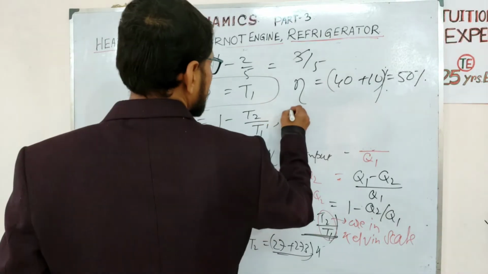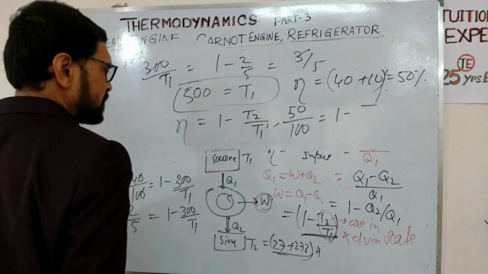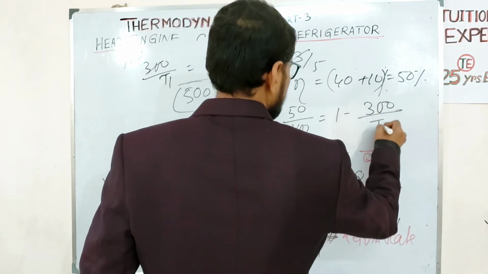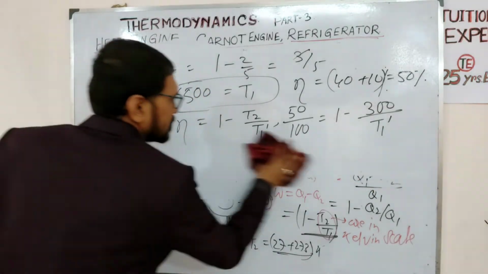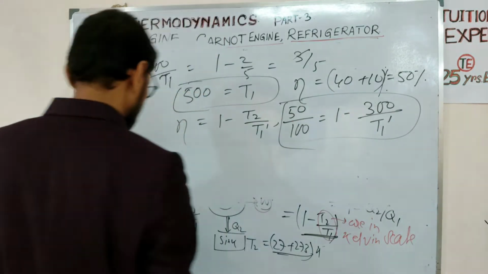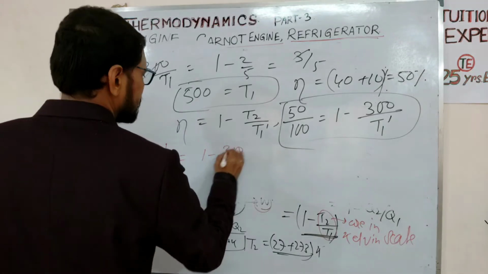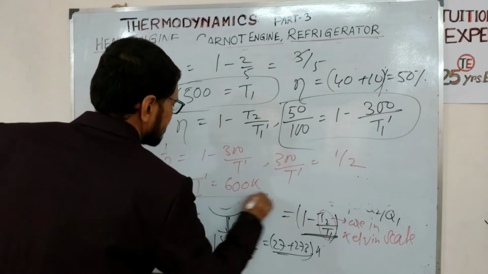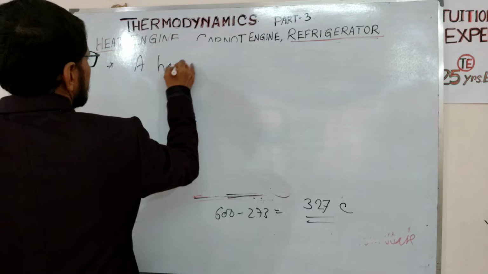So efficiency equals 50%, 50 by 100 equals 1 minus T2, the sink temperature remains the same, which is 300, by T1 dash. So 50%, that is half, equals 1 minus 300 by T1 dash.